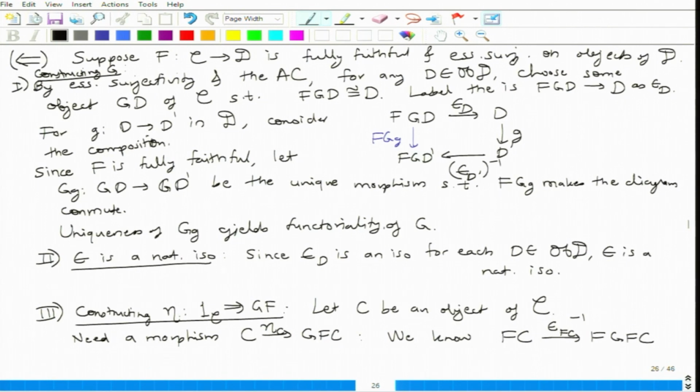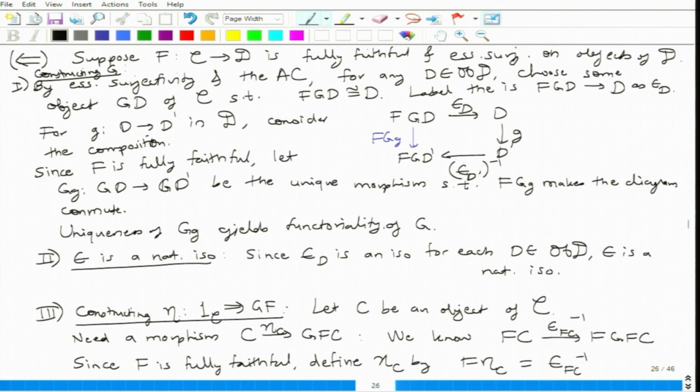So now observe, on both sides you have capital F in the beginning. So by fully faithfulness of F, there exists a unique morphism. So since F is fully faithful, define eta C by F of eta C equal to epsilon sub FC inverse.